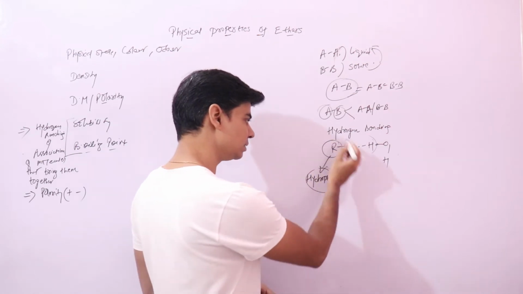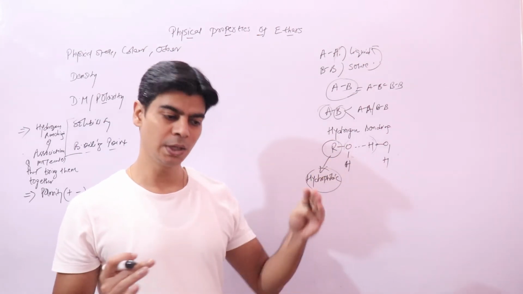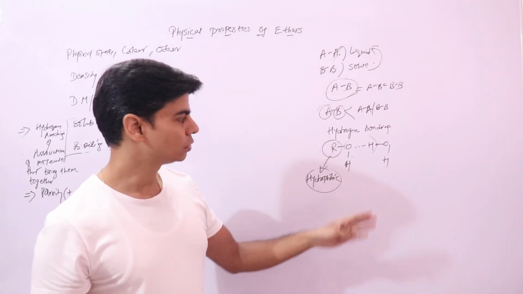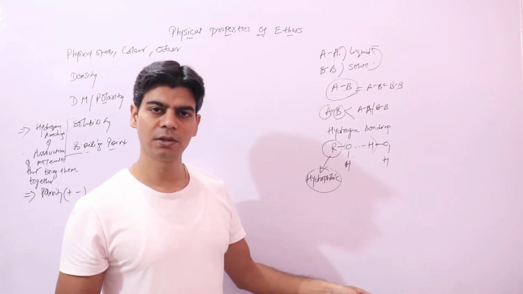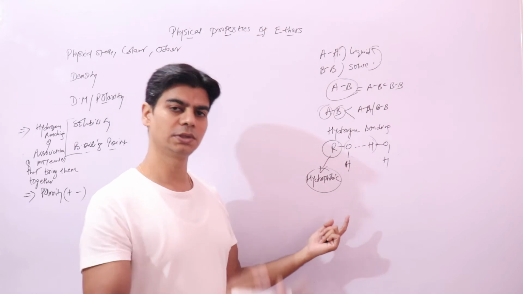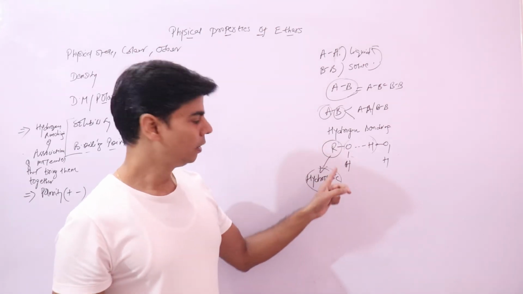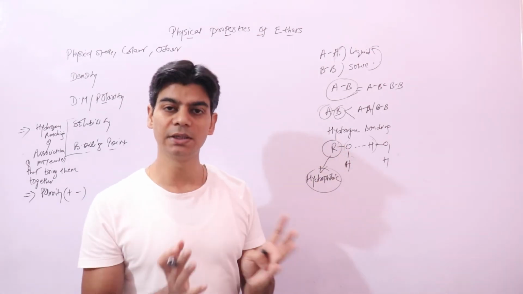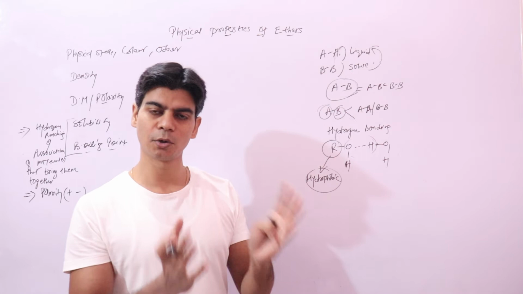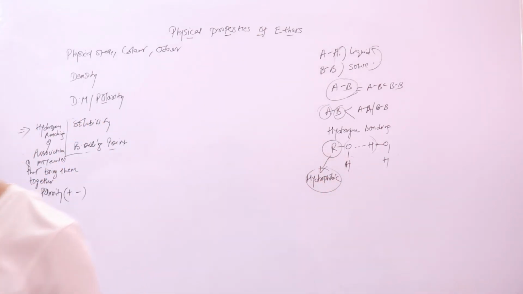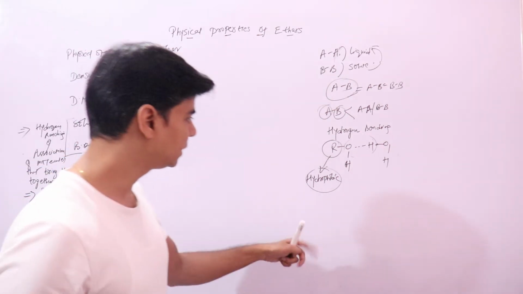This increase in R or molecular mass will decrease the solubility of alcohols, mainly higher alcohols, in water. That's why we say higher alcohols or higher organic compounds, ethers, alcohols, haloarenes, are insoluble in water: the size of the alkyl group increases with molecular mass, so solubility decreases because R is hydrophobic. I hope till this point it is clear.